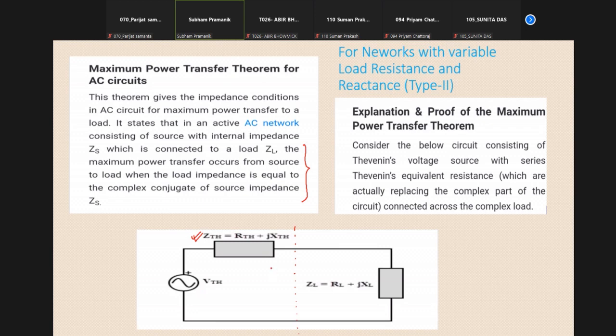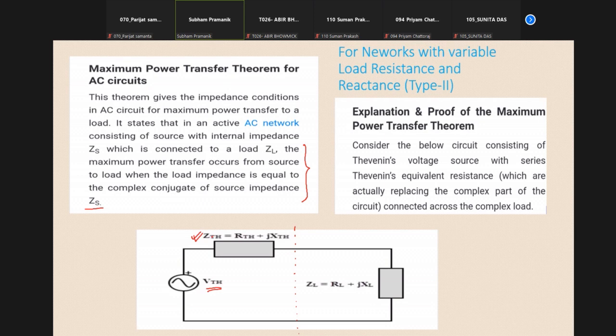Then you need to convert it into the corresponding Thevenin equivalent, which comprises a voltage source VTH and an impedance ZTH. As the configuration looks like that, there is a voltage source and a series impedance, which is basically the source impedance, we can assume. So that's why it is written as ZS. However, from an analytical point of view, ZTH is applicable.